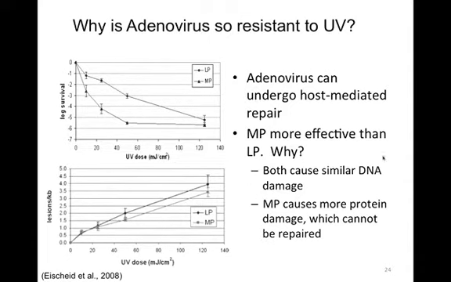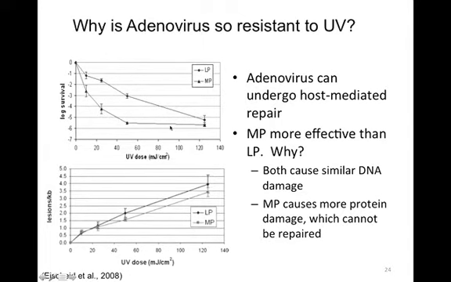What I have shown here are results from a neat study done by Karl Linden's group at CU Boulder, where they show the log inactivation of adenovirus on the top by low pressure UV light, and then in the lower line by medium pressure UV light.